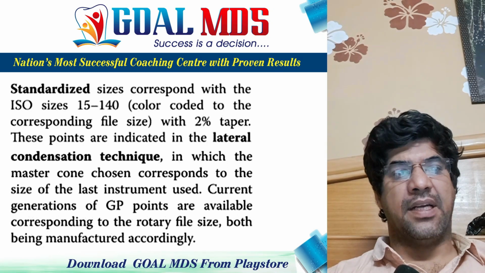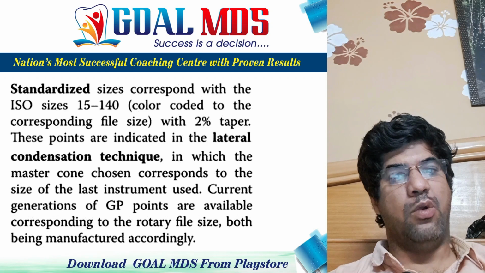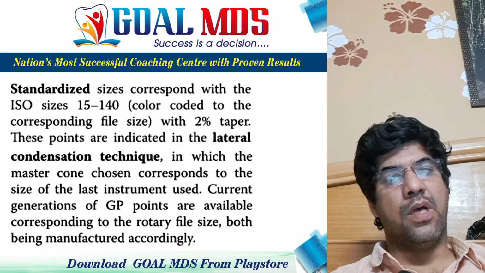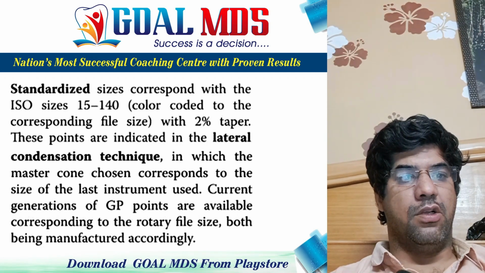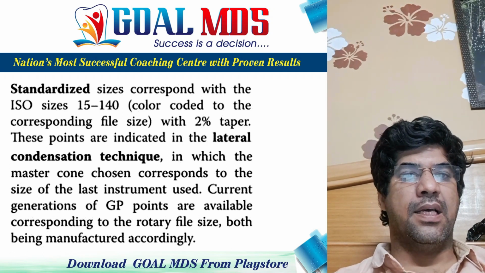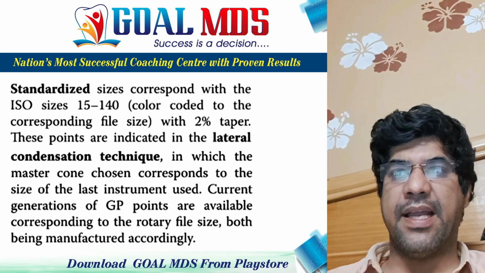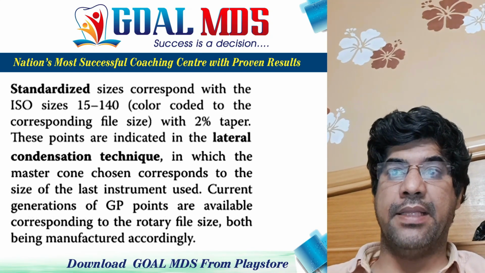So what is standardized size Gutta Percha? These standardized size Gutta Percha are available from size 15 to 140 according to the ISO size. These standardized sizes are indicated where? In the lateral condensation technique.